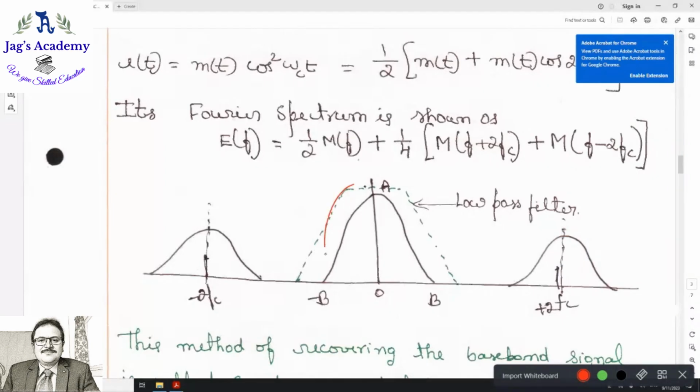This term will go off, right? This is a low pass signal, this is a low frequency signal. This will go off, because what you are using a low pass filter means higher frequencies will go off. Only the signal which is less than B hertz will remain in the low pass filter, and all this other part will go, right?